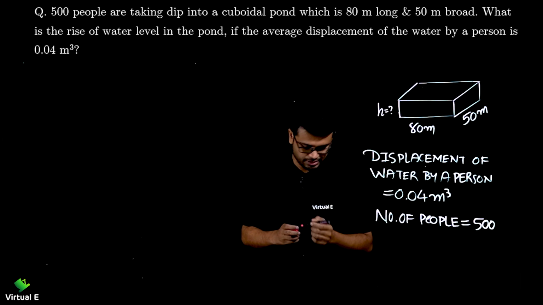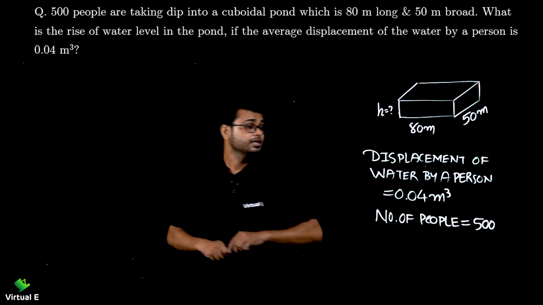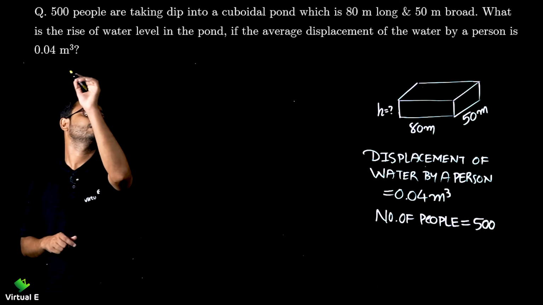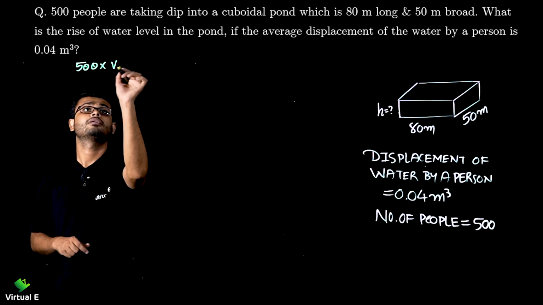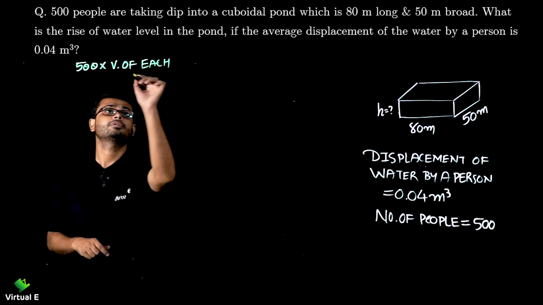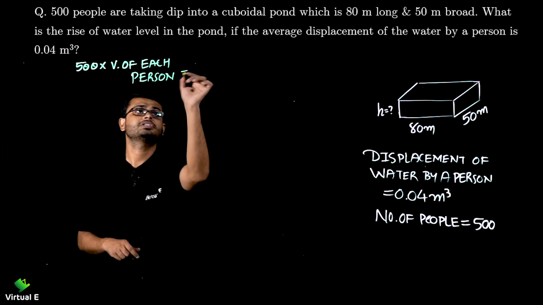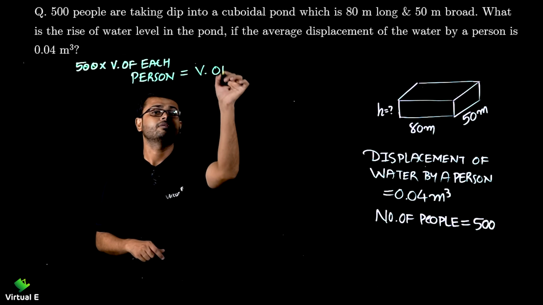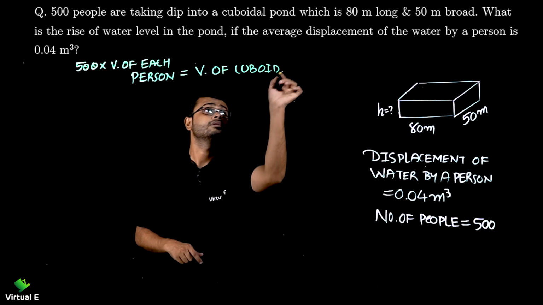So let's start with the people. There are how many people? 500 multiplied by the volume of each person is equal to the volume of the cuboid.